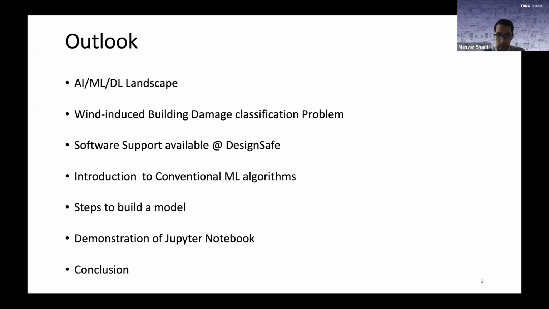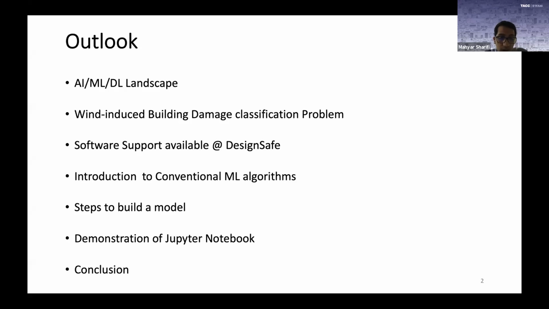The agenda for my presentation is to discuss the artificial intelligence, machine learning, and deep learning landscape and how these techniques are used in natural hazards. I will introduce an example problem on structure damage classification after Hurricane Harvey. I will discuss software support available at DesignSafe, which includes Jupyter notebooks and machine learning packages.